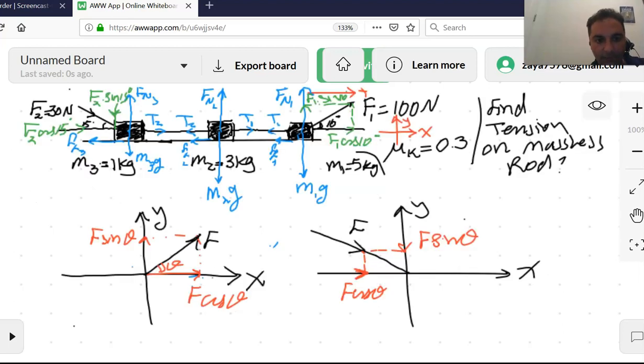What I have for m3, I have T2 plus F2 cosine of 15, because F2 cosine 15 is in the same direction as the direction of motion, the red one.